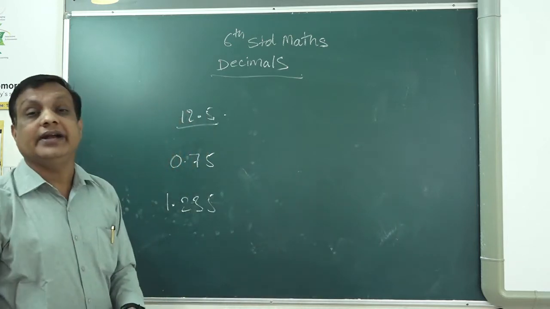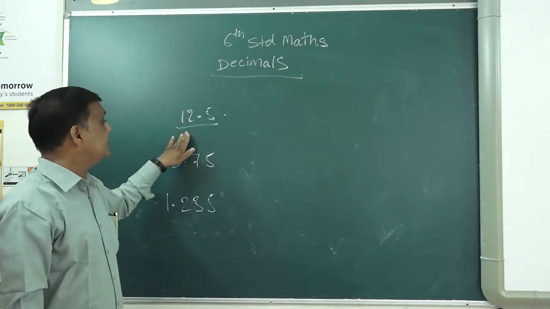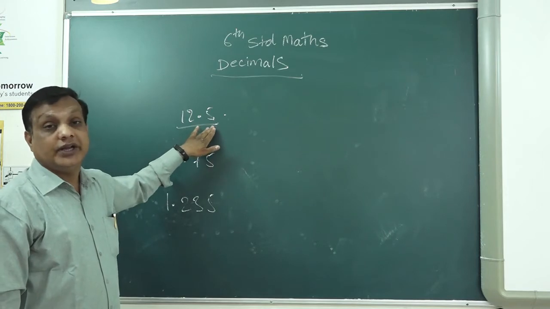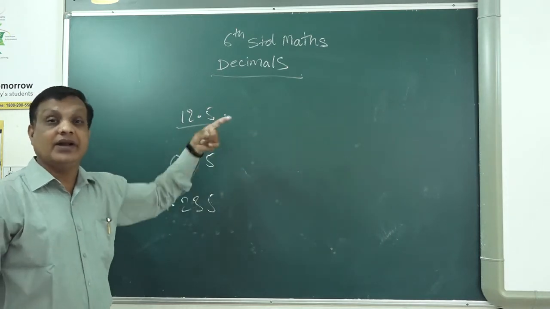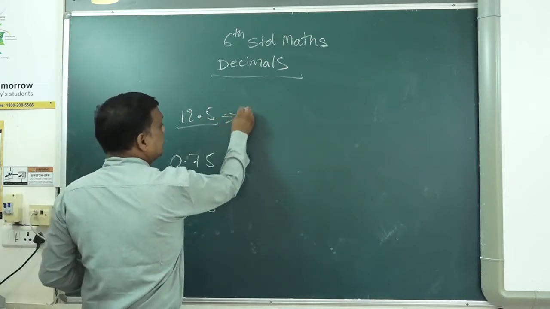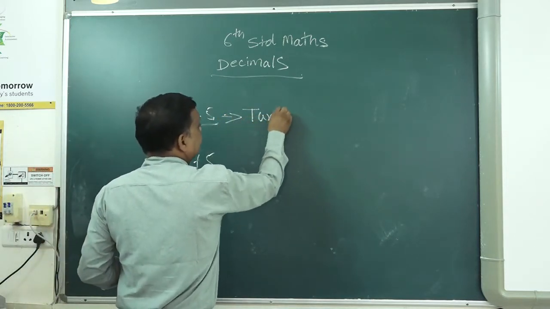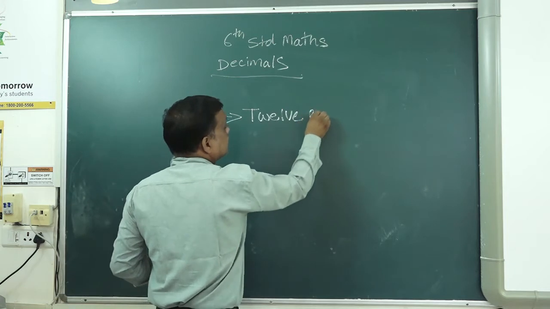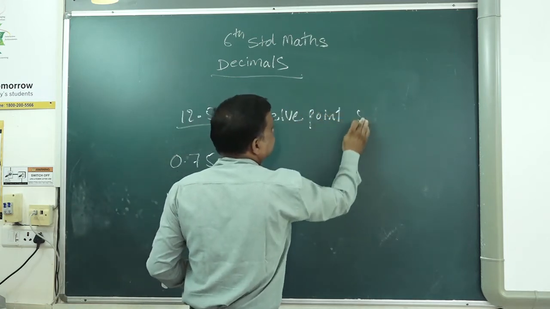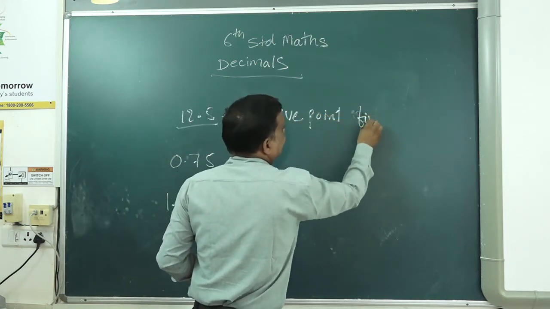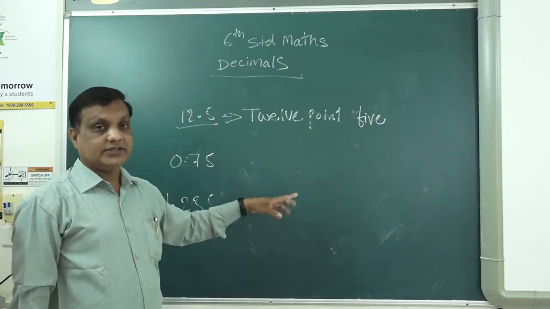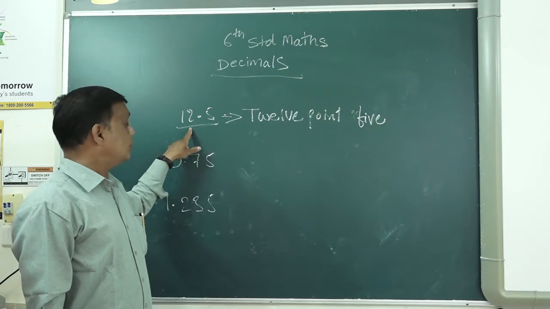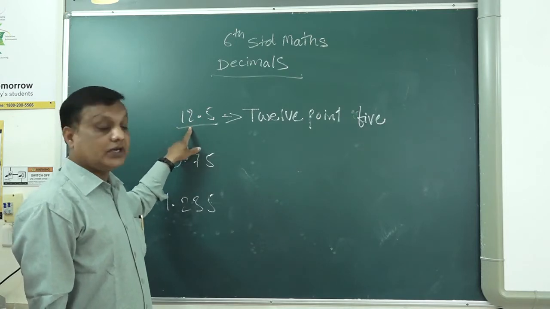How to read and write the number name? It is given here, 12.5. How to read 12.5? Now you have to write the decimal number name. This is how you write the decimal number 12.5. This whole number you read together.